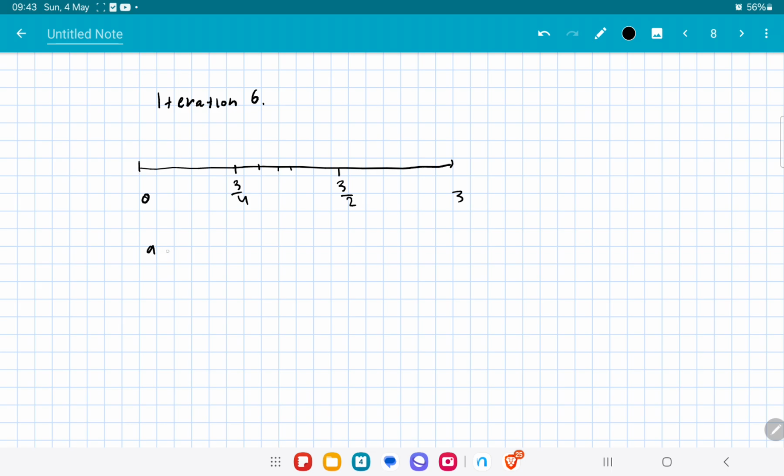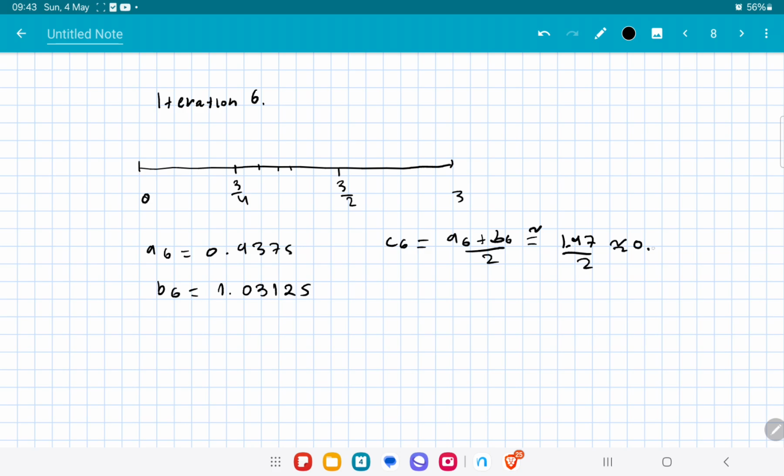My new a6 is going to be 0.9375, and b6 is going to be 1.03125. c6 = (a6 + b6)/2 is going to be my new midpoint, roughly 1.97/2, and this is roughly 0.985.